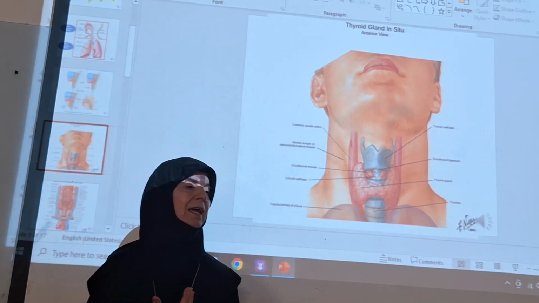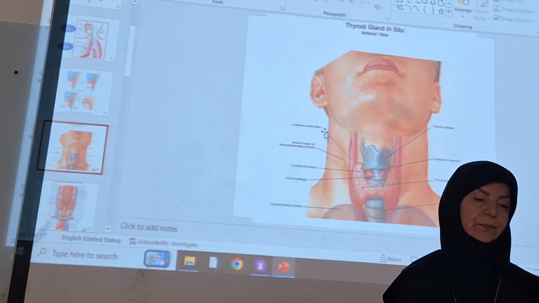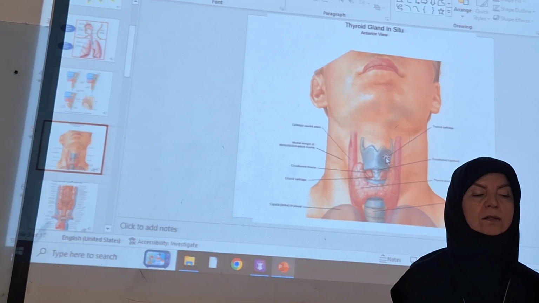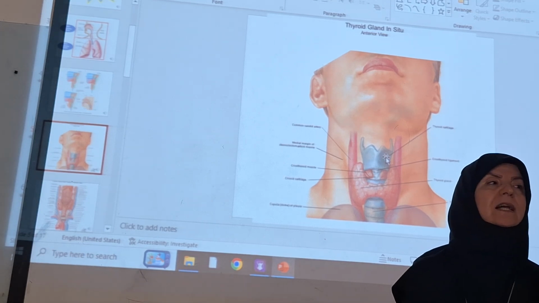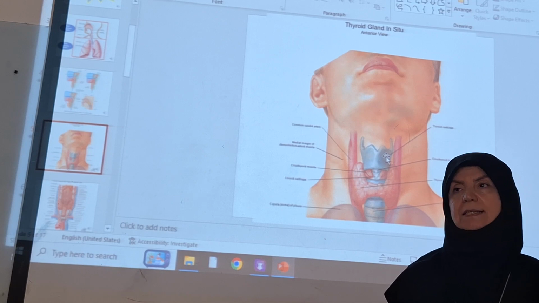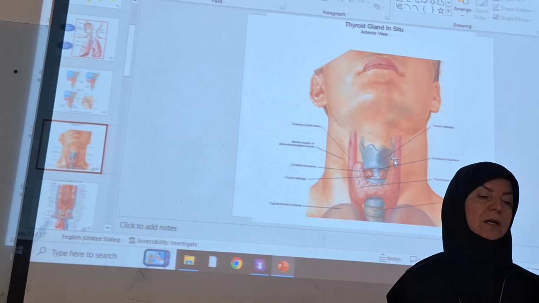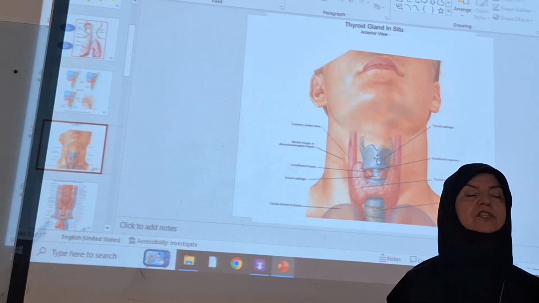Have you ever heard of the thyroid cartilage? This is the thyroid cartilage, one of the single cartilages that participate to form the larynx, and it is the largest cartilage. Thyroid cartilage is the largest cartilage that belongs to the larynx.